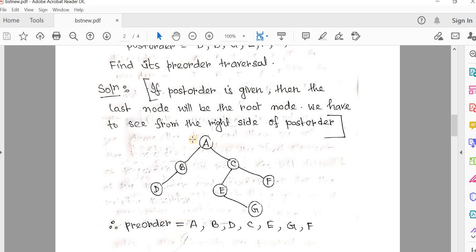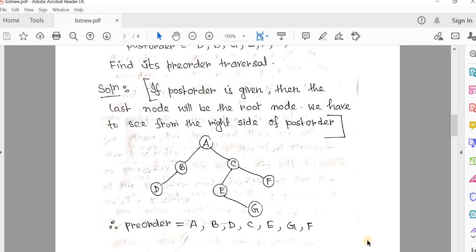So the pre-order traversal: we have to observe the left side. If we go along the left side, we get A, then B, then D, then C, then E, then G, then coming back we get F. So the pre-order traversal is A B D C E G F. So this is the required pre-order traversal. Thus you can obtain any other traversal if you are given any two traversals of a binary tree.